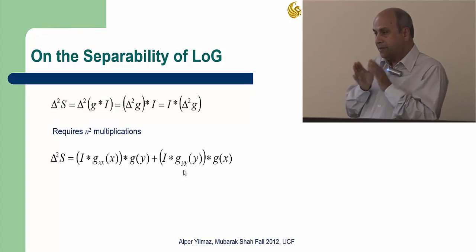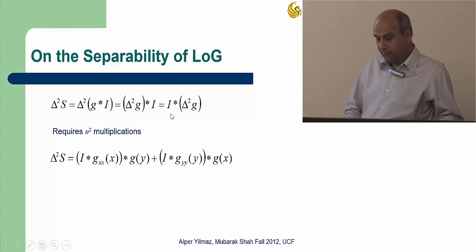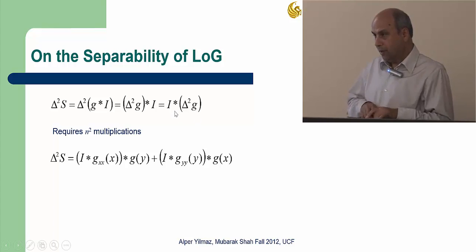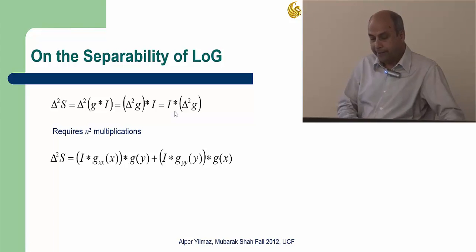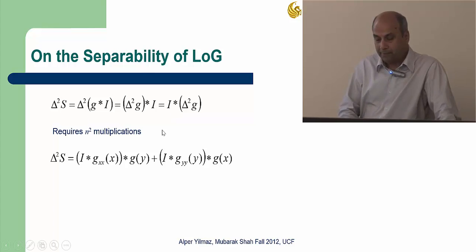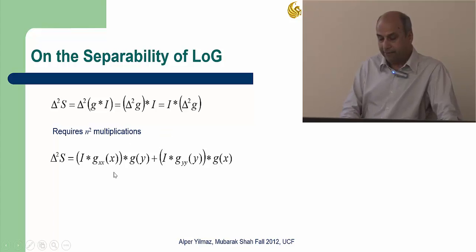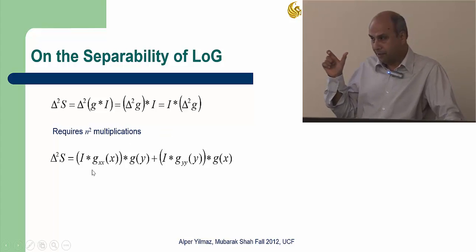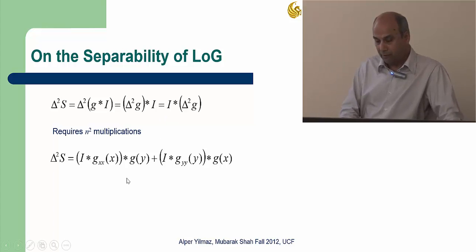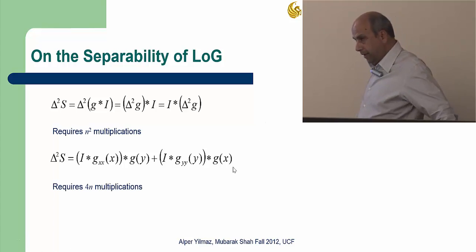We add it up, and it's exactly the same as what we are going to do here, and it is shown in my book. You can look at that. Here we have n square multiplications because our mask is 2D, and here each mask is 1D, so for each one we have n multiplications. So 1 here, 2, 3, 4. That is the advantage of doing that.